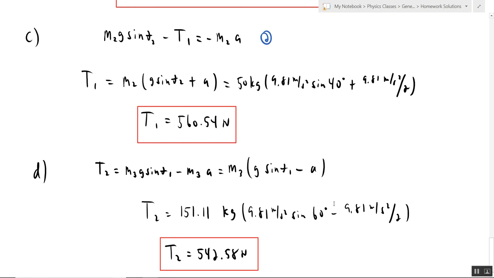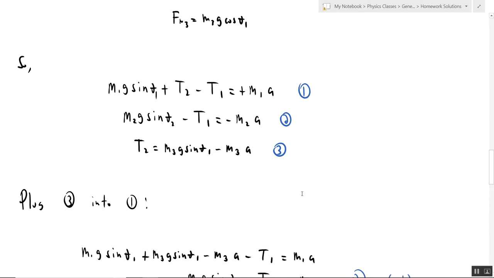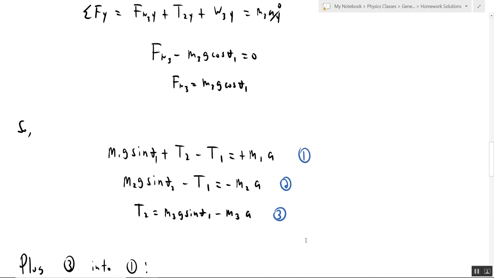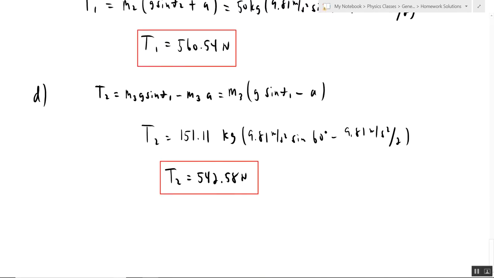And you get T2. Oh, sorry. I did it with M3 and A. Either way, you could have found T1. And then if you know T1, you can plug it in this equation here and solve for T2. Either way, you get the same answer. I chose to do it this way.